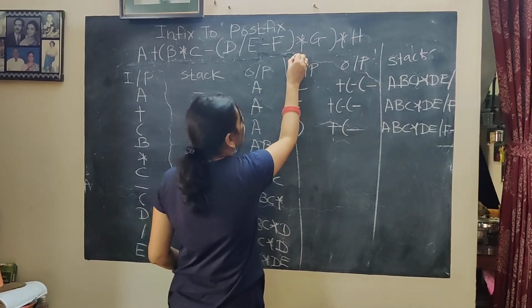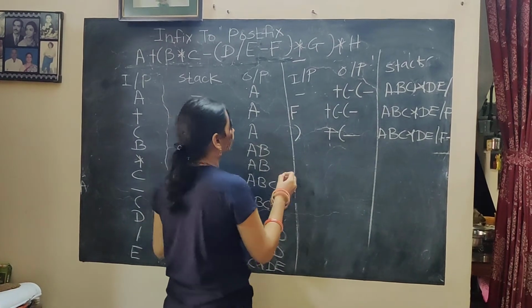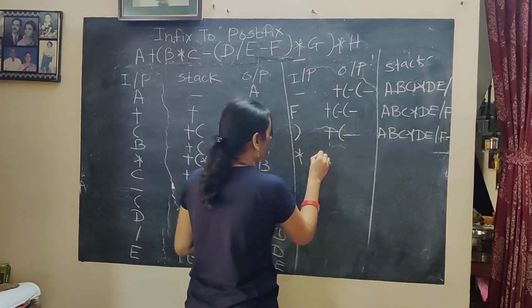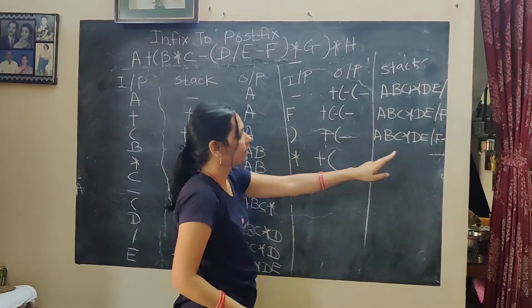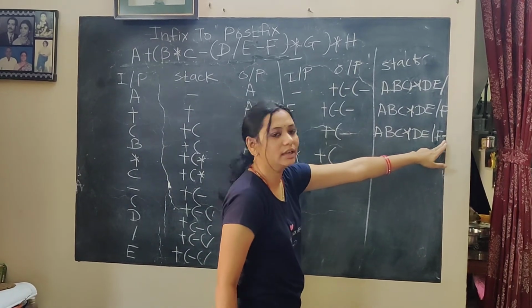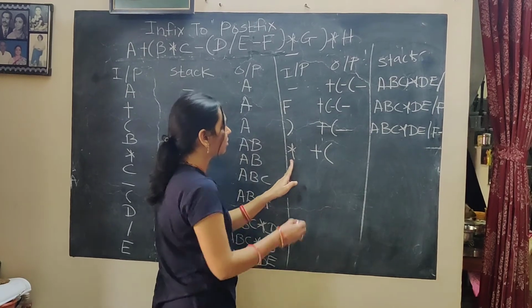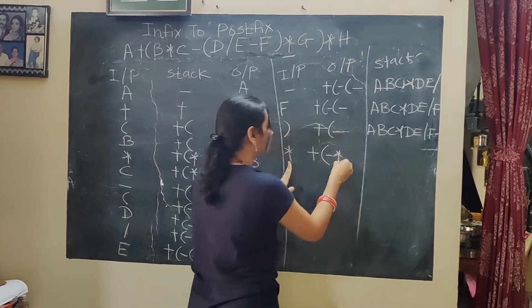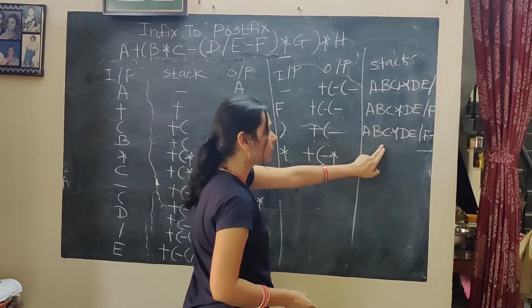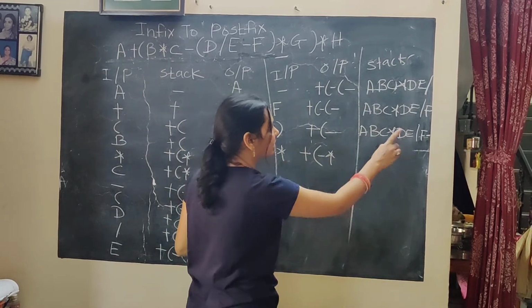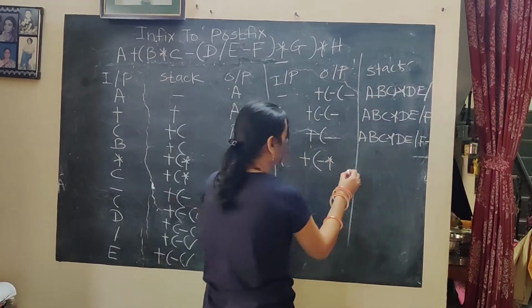Now next is what? Next is the multiplication operator. The multiplication operator will be moved to the stack, because we are doing the postfix expression and already one operator is present over here.